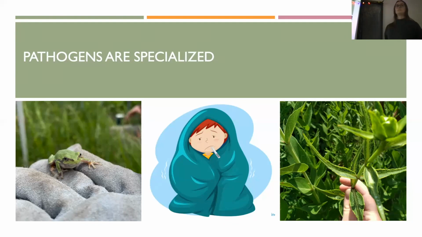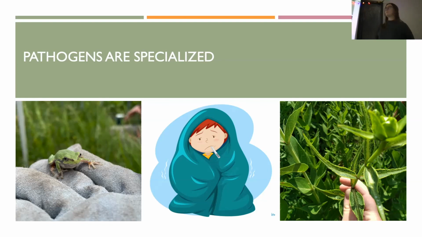And so plants specifically are specialized, and in order for pathogens to break through their specific defense mechanisms, they have to be specialized for each specific species. Pathogens do cause harm, but they also play a vital role in structuring ecosystems.